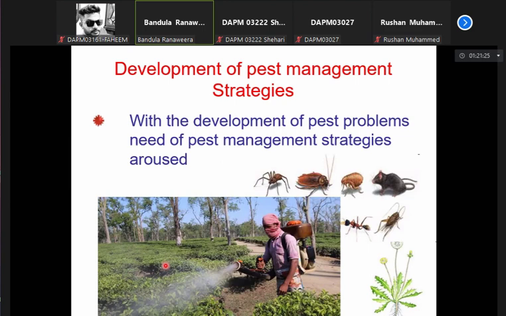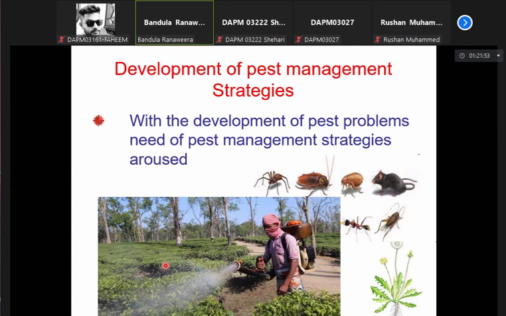And the other thing is, due to the lack of habitats, natural enemies are in lower numbers in the agro ecosystem. So because of that, natural control by natural enemies is higher in natural ecosystems, but natural control by natural enemies in the agro ecosystem is very low.